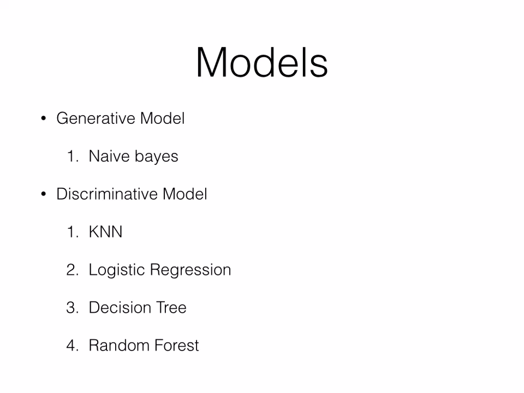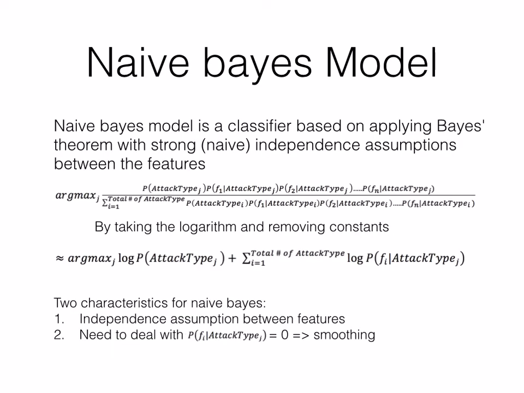The models I use are naive Bayes, KNN, logistic regression, decision tree, and random forest. Naive Bayes is a classifier based on applying Bayes' theorem. The core idea is that it assumes the features are independent.